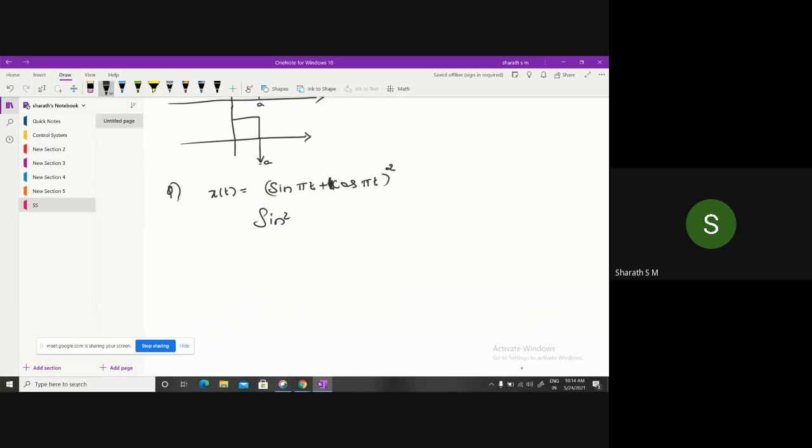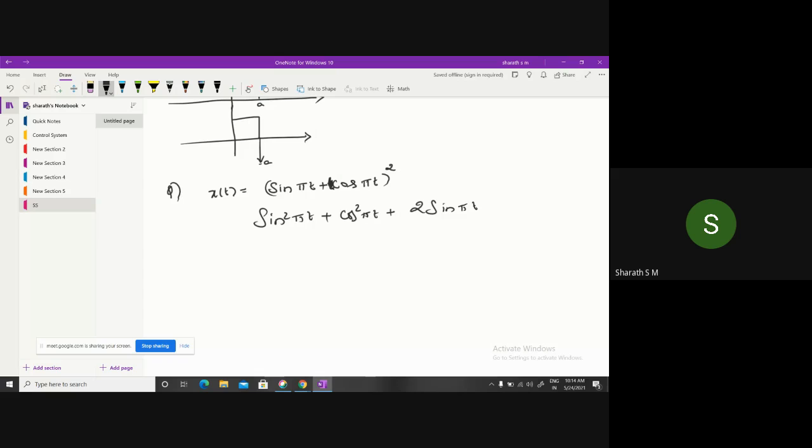It is sin square pi t plus cos square pi t plus 2 sin pi t into cos pi t.